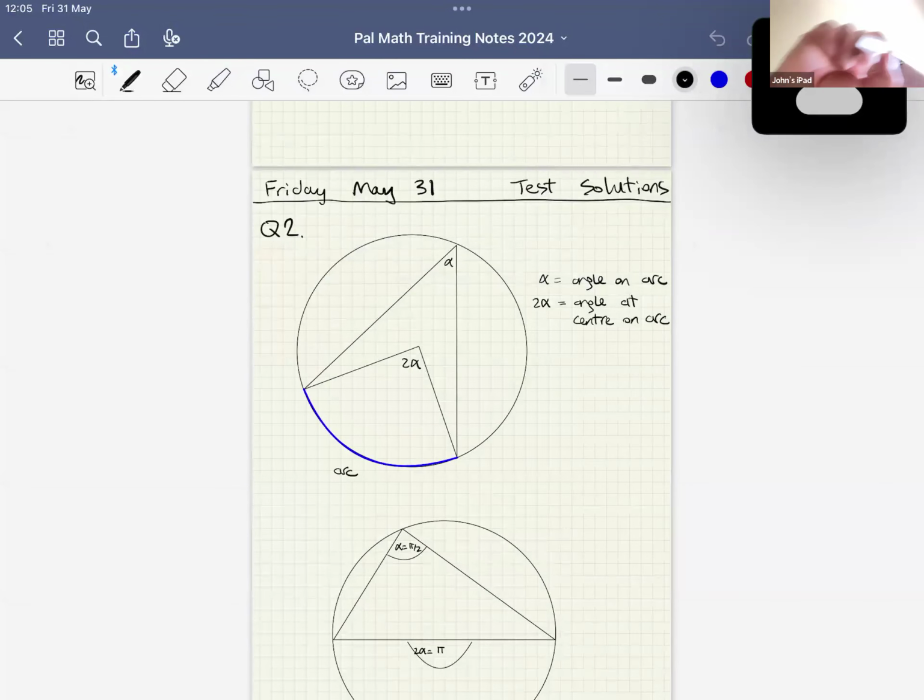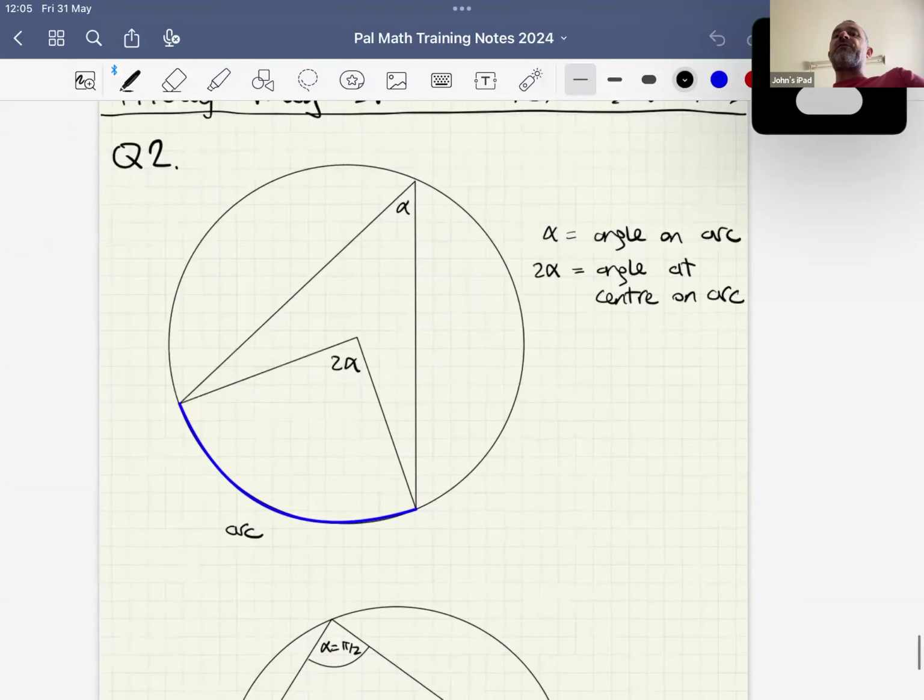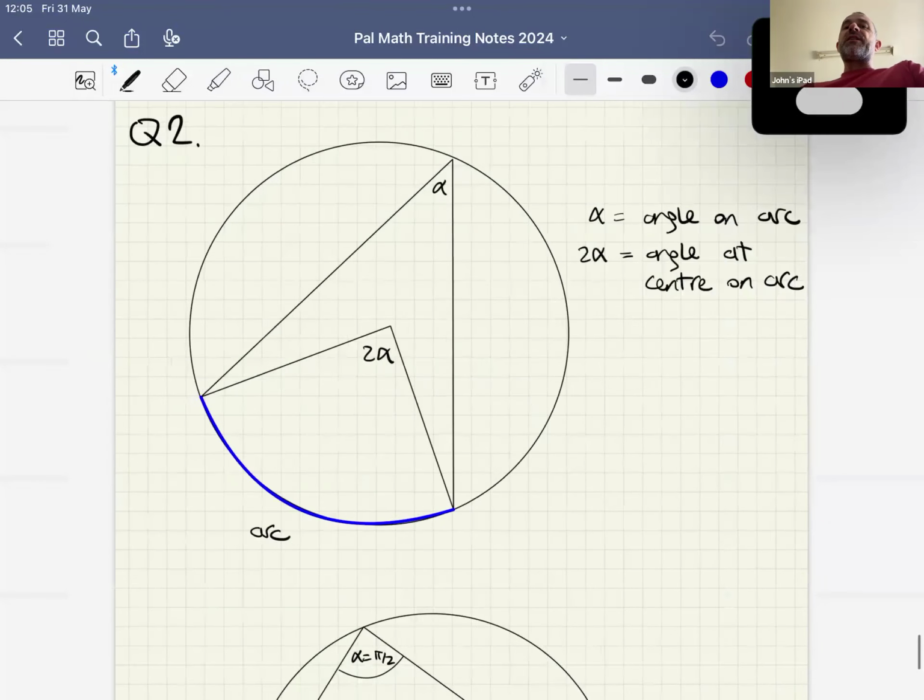Okay, so there's a couple of little results that are relevant. So you're probably familiar with them, but they're worth highlighting. So these are all relevant to the way you solve this question. So the first one is that if you've got a circle, so here's my circle, and I've also picked an arc on the circle, which just means a segment.